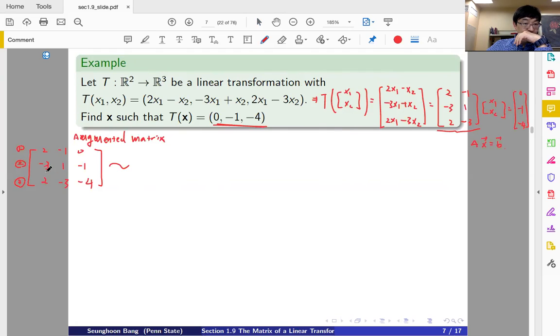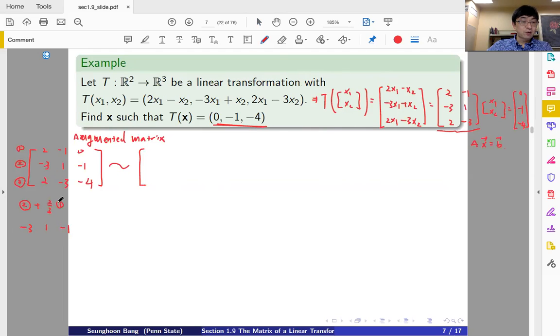Like this, you can change the second row: the second row plus 3/2 times the first row. So what happens? The second row is -3, 1, -1.